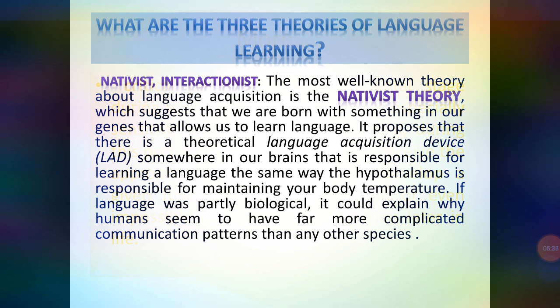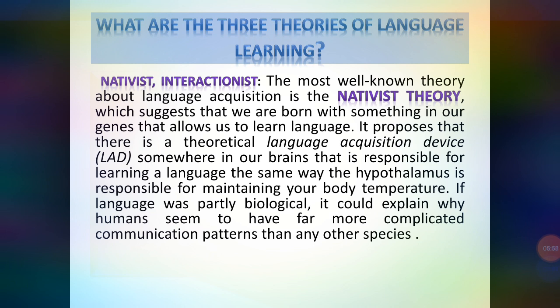What are the three theories of language learning? Nativist, interactionist. The most well known theory about language acquisition is the nativist theory, which suggests that we are born with something in our genes that allows us to learn language.